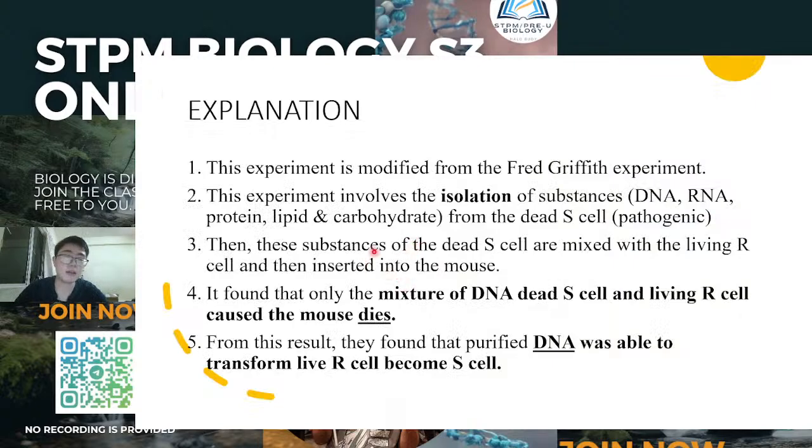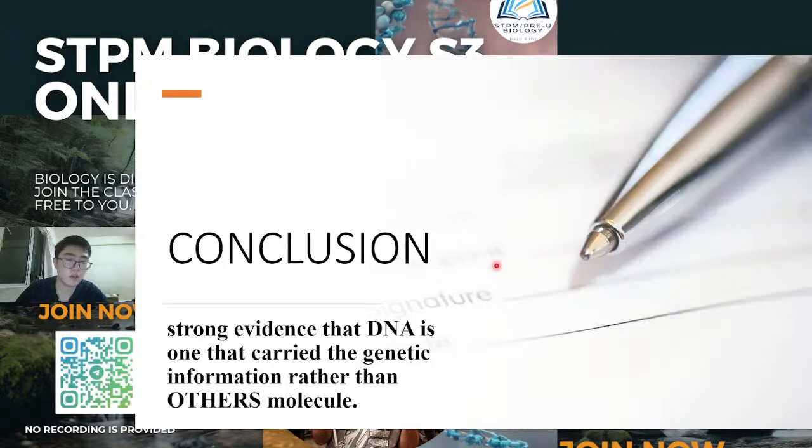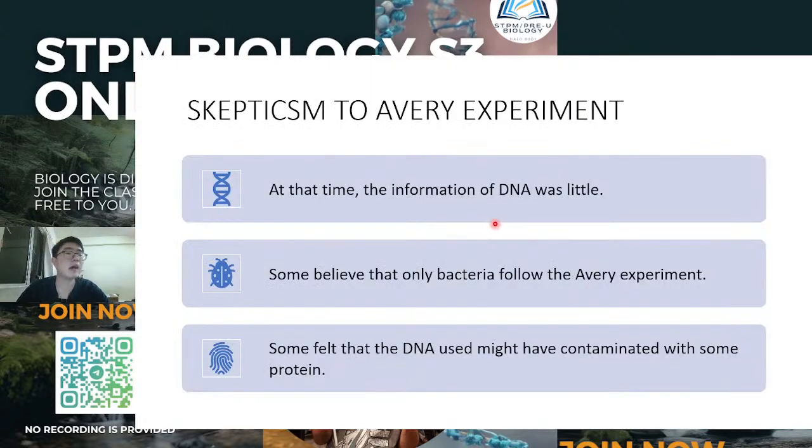at that time, which year I forgot to mention, but you can Google it, many scientists objected to this experiment's result. Many researchers and scientists did not believe it. They did not think this experiment could 100% prove that DNA carries the genetic material.